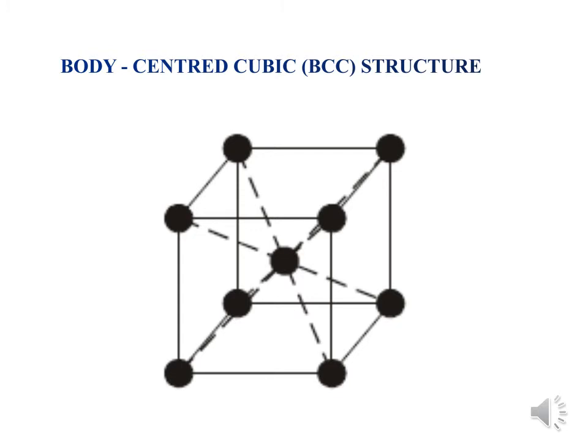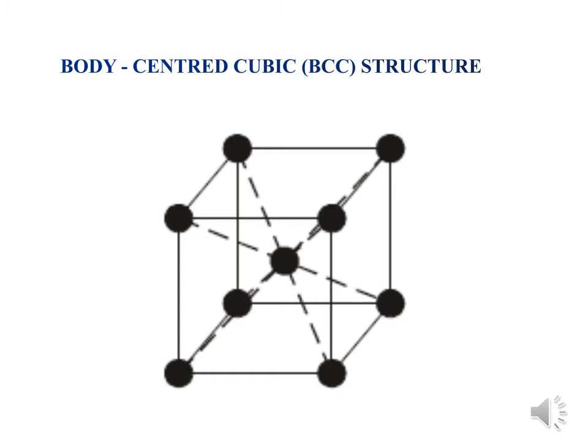The body-centered cubic crystal unit cell has 8 corner atoms and 1 body-centered atom. Total corner atoms 8. Each corner atom is shared by 8 adjacent unit cells. Examples of BCC: tungsten, chromium, molybdenum.